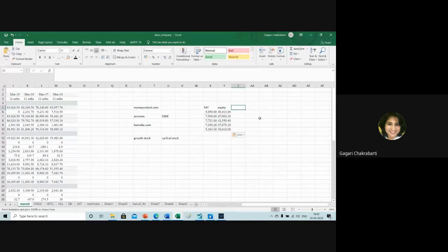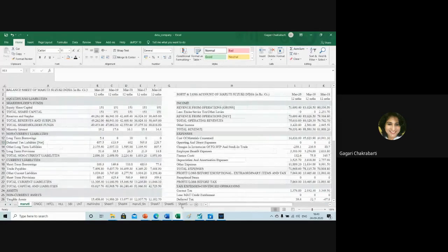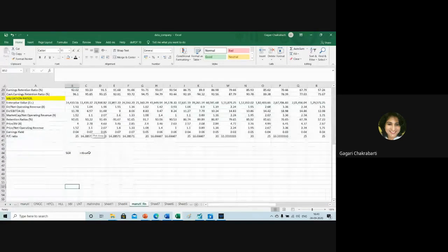Okay, then return on equity is equal to profit after tax by total equity. That is return on equity. That is my retention ratio. And we have this in the reverse way. What are the retention ratios? Retention ratios, the last 5, right?